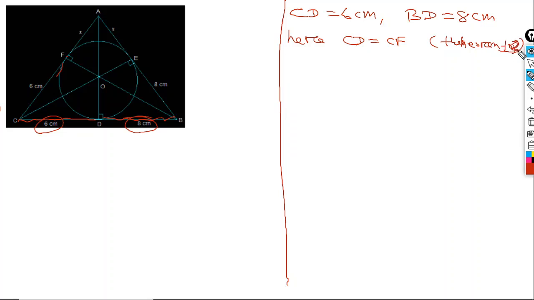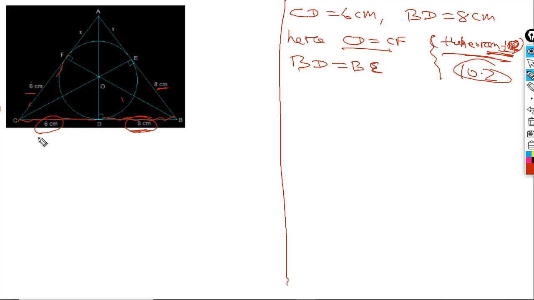Similarly, BD will be equal to BE, same story, theorem 10.2. Therefore, if BD is 8 centimeter, BE is also 8 centimeter, and CF will be 6 centimeter as CD equal to 6 centimeter.